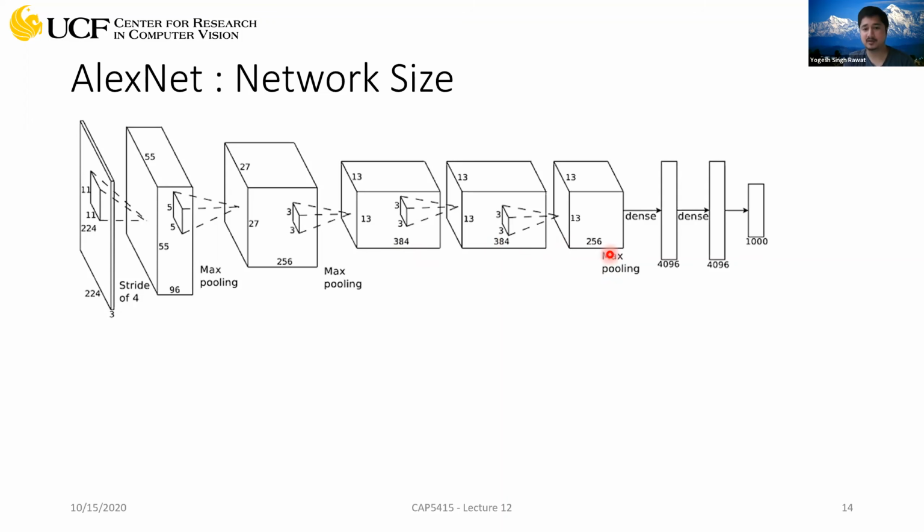And at the end, the idea is you are trying to extract the object itself. So if you're, let's say, trying to classify a basketball, then at this level, the feature map should already know whether a basketball is present or not.